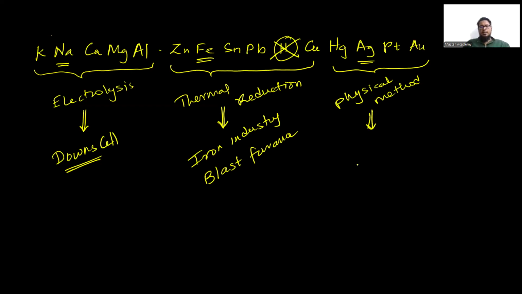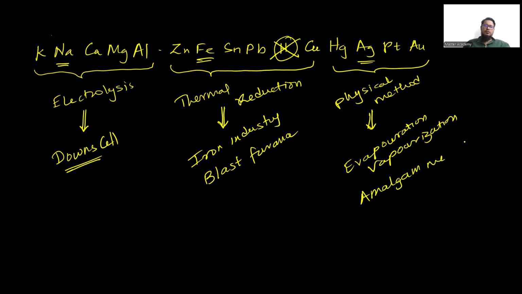In grade 11, we will study the evaporation or vaporization technique to purify gold. That is known as the amalgam method. So all this we will be discussing in these two. The Downs cell and amalgam method we will be discussing in grade 11. The blast furnace, just now we discussed, is the grade 10 part.